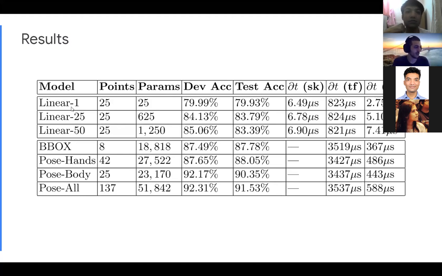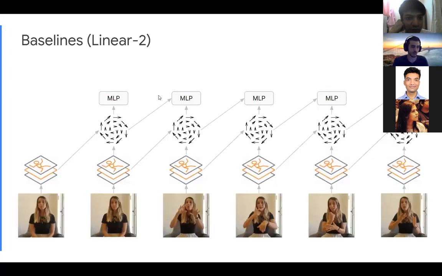Here in linear one, for example, we don't use a single frame. We use a two frame window. So we just use an optical flow, a single one, from two adjacent frames, and so we know only what movement happens. Let's say you have 10 frames. How would linear one go about processing them? For example, the second MLP looks at the optical flow of the current frame and the previous one.